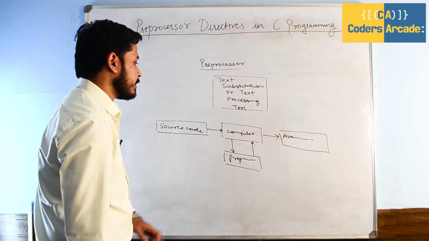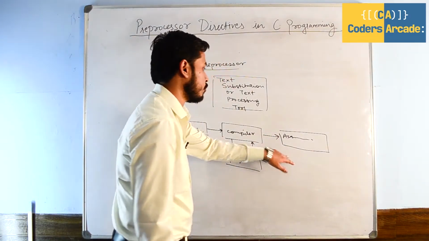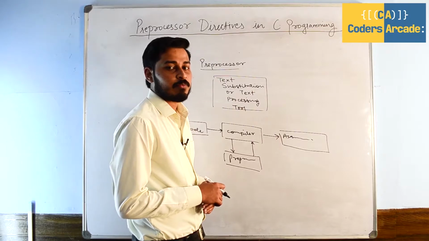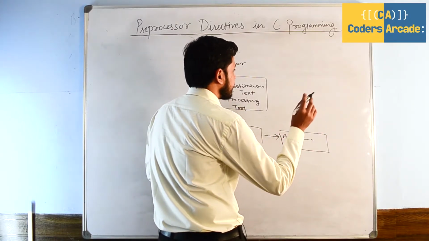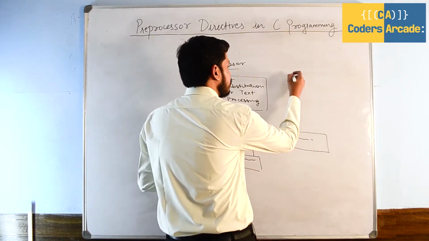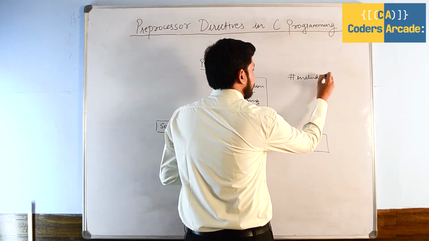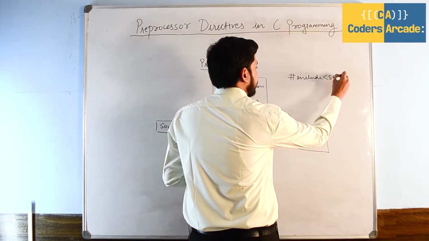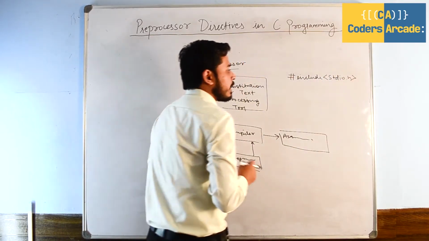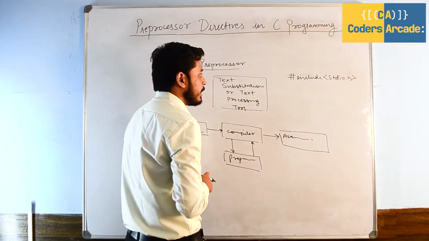Now after it is compiled, it is converted into assembly level language code. A very basic example of a preprocessor is what you always write before starting our C program: #include stdio.h.